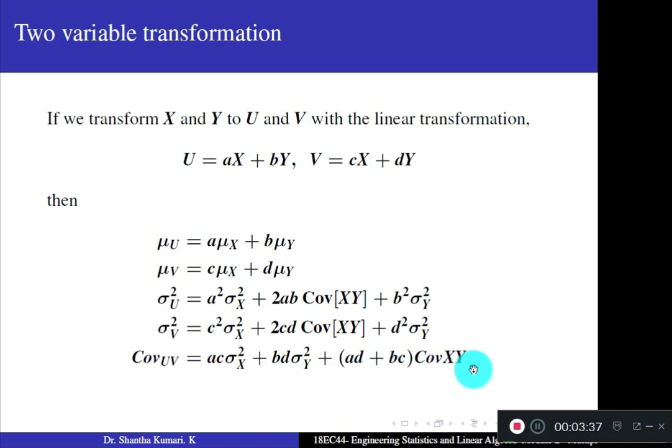For the time being you remember the formula like this, but you have to go through the derivation of this. They may ask you the derivation also in the exam. Step by step full derivation is given in your notes, just go through it. So now remember these 5 formulae. When a 2 variable transformation is given to you, these are the formulae for mean of u, mean of v, variance of u, variance of v, and covariance of uv.